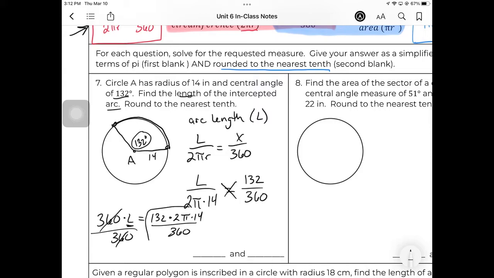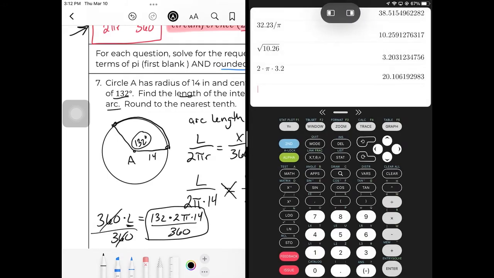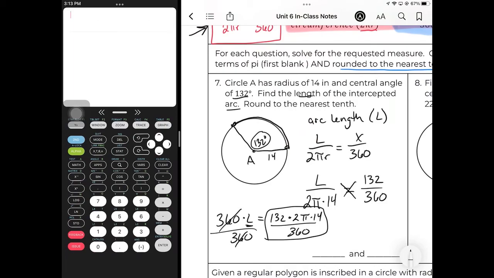I'm saving all of that up to put in the calculator at one time. I can do 132 times 2 times pi times the 14, that's the whole top part there, and then just divide by 360 at the end, and I get about 32.3 for the length of that arc.